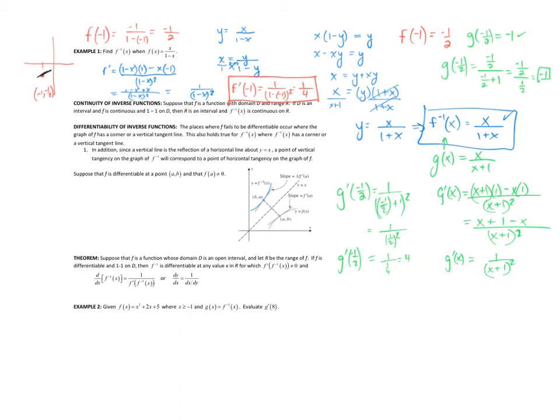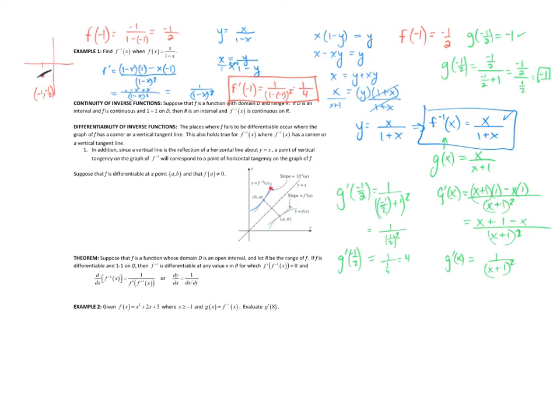And that's what we're talking about in this picture right here. If you have a function, this is the original function, let's say this is f of x, not this particular f of x that I was using as an example, but just any old f of x that has a point a comma b, well, the slope at that point would be f prime of a, right there. So you take the derivative and plug in a, and that's going to give you the slope right there.